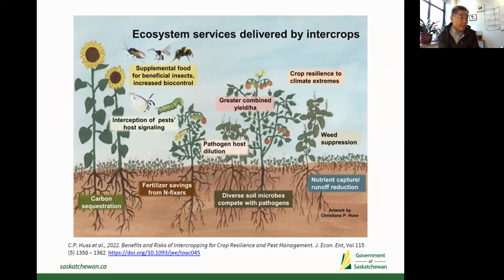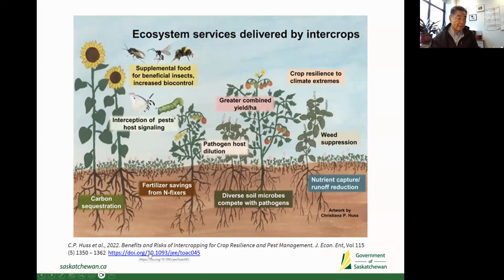And here's a diagram I took from Haas 2022's article. The article, entitled "Benefits and Risks of Intercropping for Crop Resilience and Pest Management", was published in the Journal of Ecosystem Entomology last year.